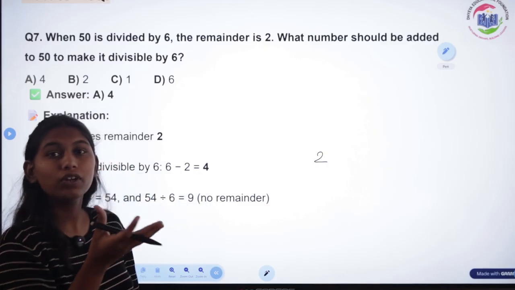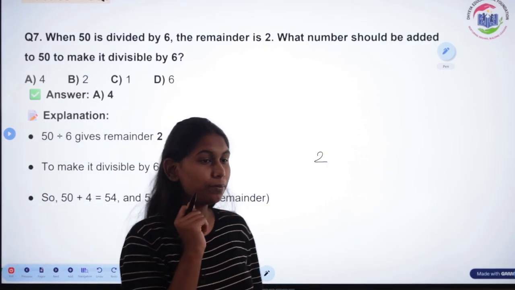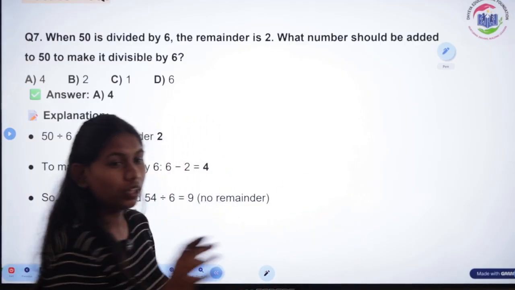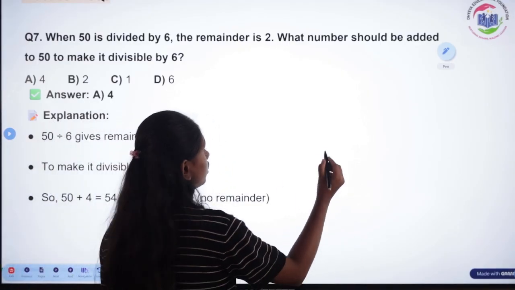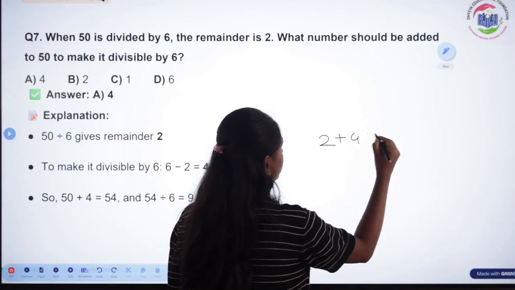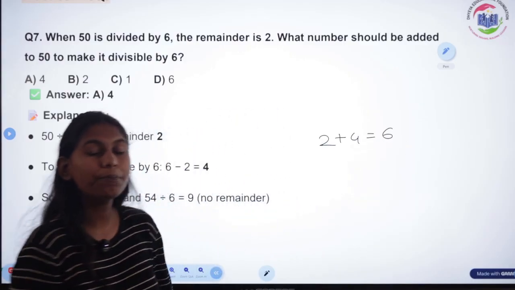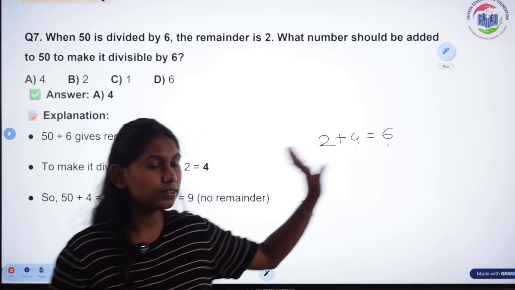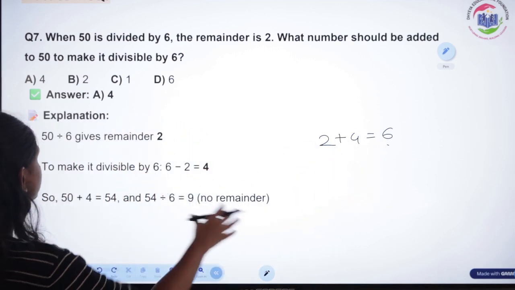So which number will you add to make it divisible by 6? First thing, if you add 4, then it will give you 6. Now 6 is divisible by 6, right? So it is very simple.